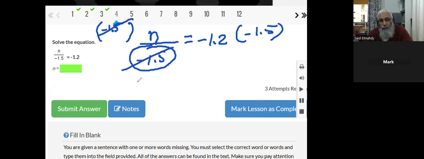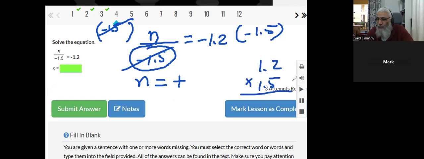So this cancels out now. n equals what? Negative multiplied by negative is positive. And 1.2 multiplied by 1.5.